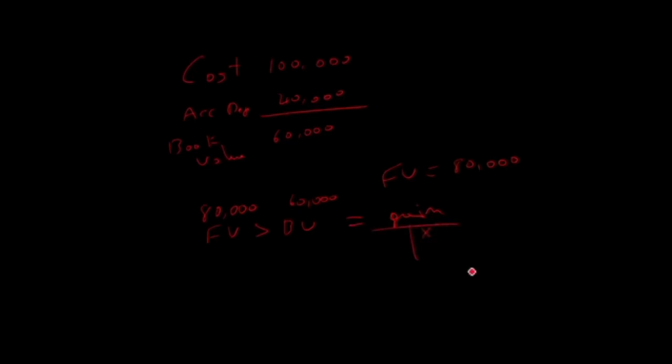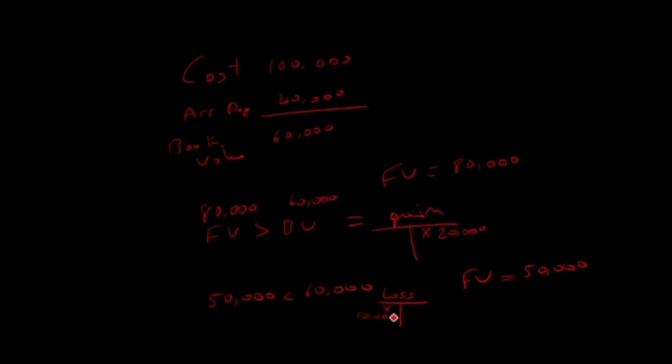If the fair value of this asset is 50,000, which is less than the book value of 60,000, then you have a loss, and we record a loss by a debit. This is a gain of 20,000, and this is a loss of 10,000.